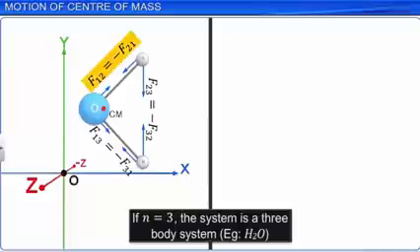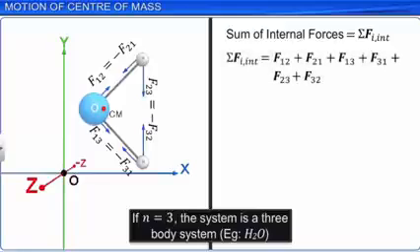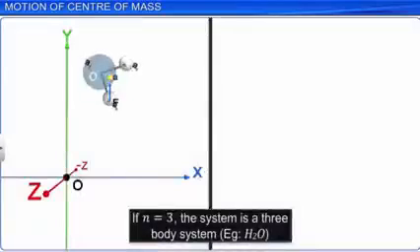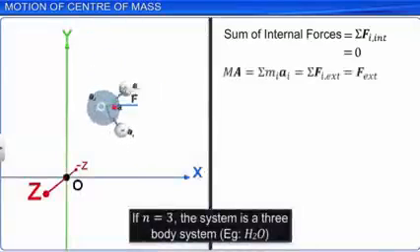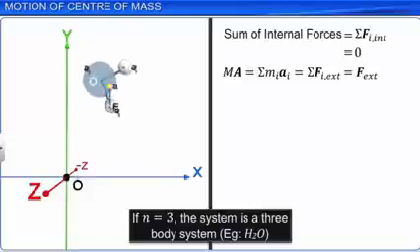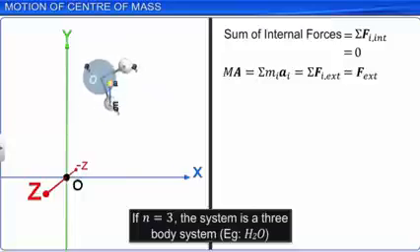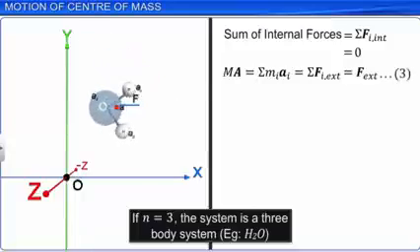The vector addition of all these internal forces acting on all particles adds to 0. Sigma Fi internal is equal to 0. Hence, Ma is equal to sigma mi ai, which is equal to sigma Fi external, and is also equal to F external. Let this be equation 3. So, the acceleration of the center of mass a is equal to F external by m.